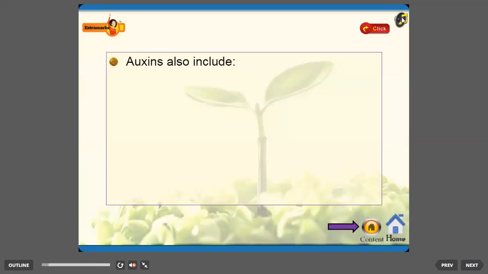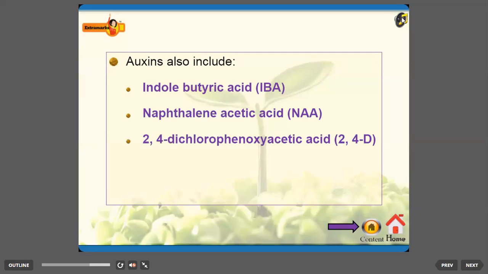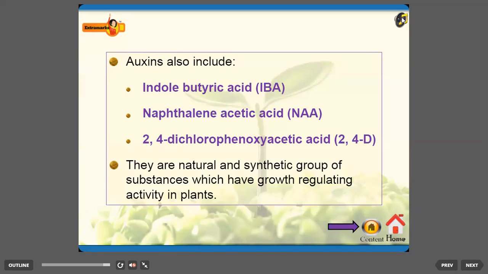Auxin also includes indole butyric acid, that is IBA, naphthalene acetic acid, NAA, and 2,4-dichlorophenoxyacetic acid, 2,4-D. They are the natural and synthetic group of substances which have growth regulating activities in plants.